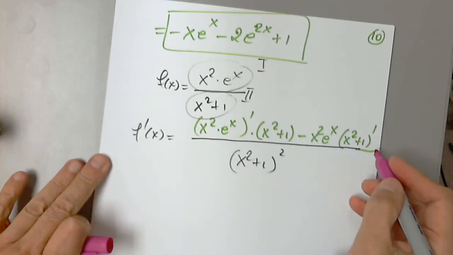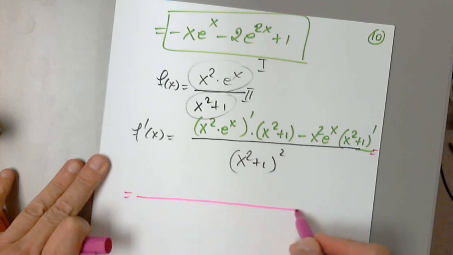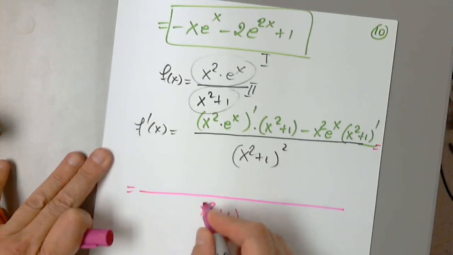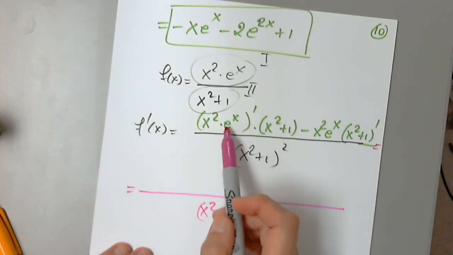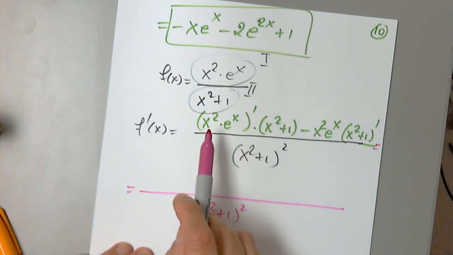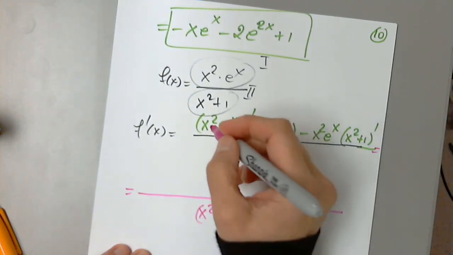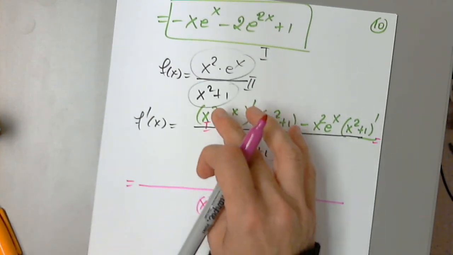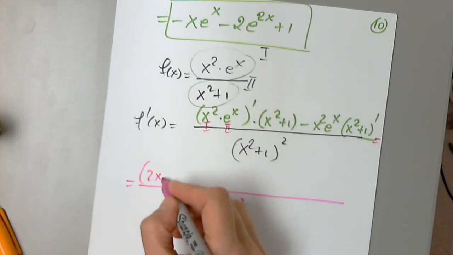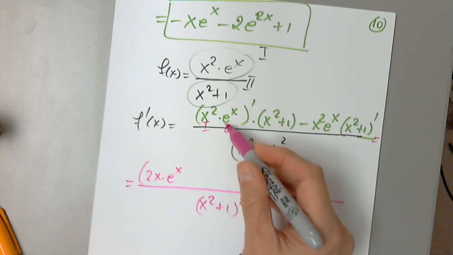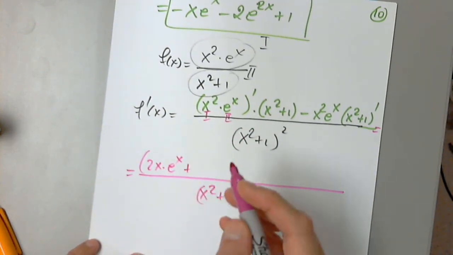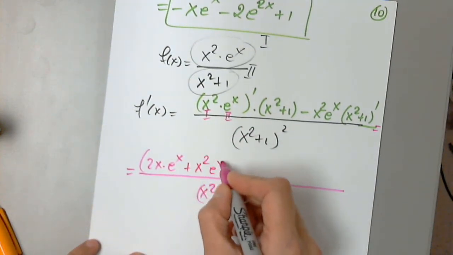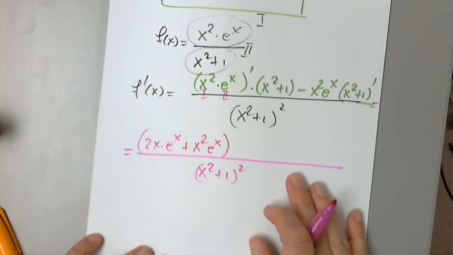Okay, so now we can finalize this. I have to differentiate this product. Now this is function 1 and this is function 2. First function prime, 2x times the second one not differentiated, plus x squared times the second function prime.